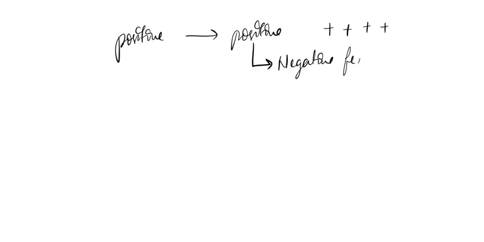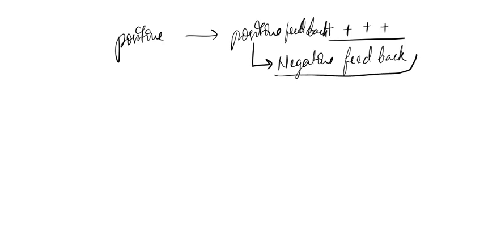Yes, you might not get it, but I will tell you in a simple way. The positive feedback might only consist of supporting or accelerating the process, but actually in the background negative feedback also happens with positive feedback.